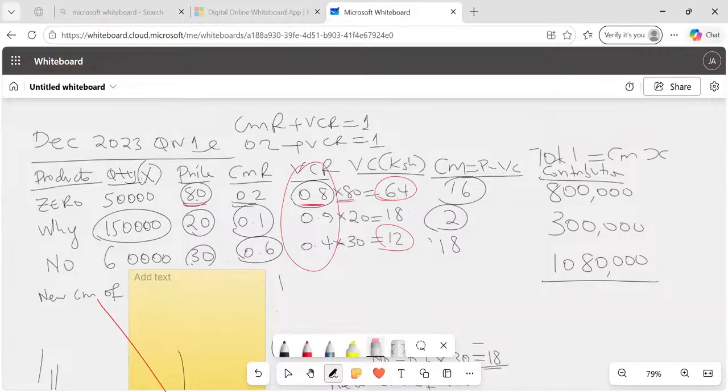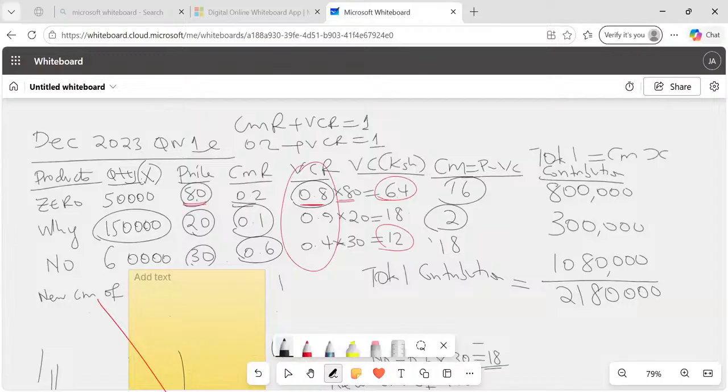Some students have been able to get this, telling me, Mwalimu, the total contribution from the 3 products is 2,180,000. Thank you very much.